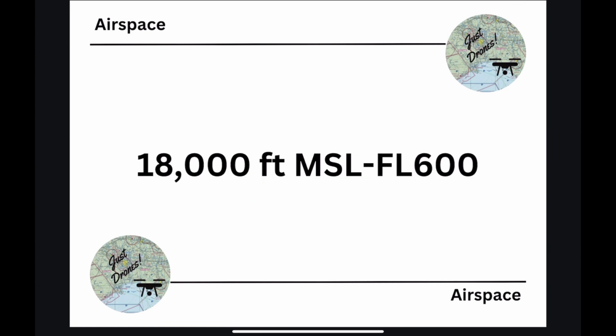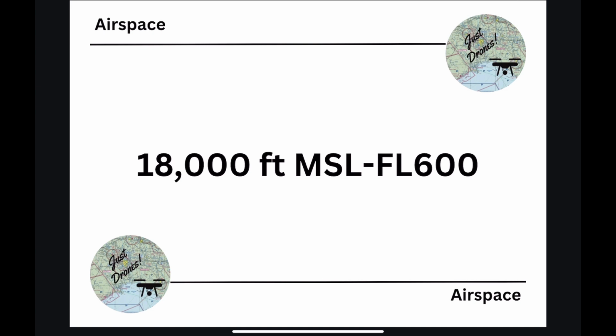Class A starts at 18,000 feet mean sea level, so that means it starts at 18,000 feet above sea level and goes up to flight level 600, or 60,000 feet. When you're dealing with flight levels, you simply add two zeros to it and it will give you that foot number, so 60,000.